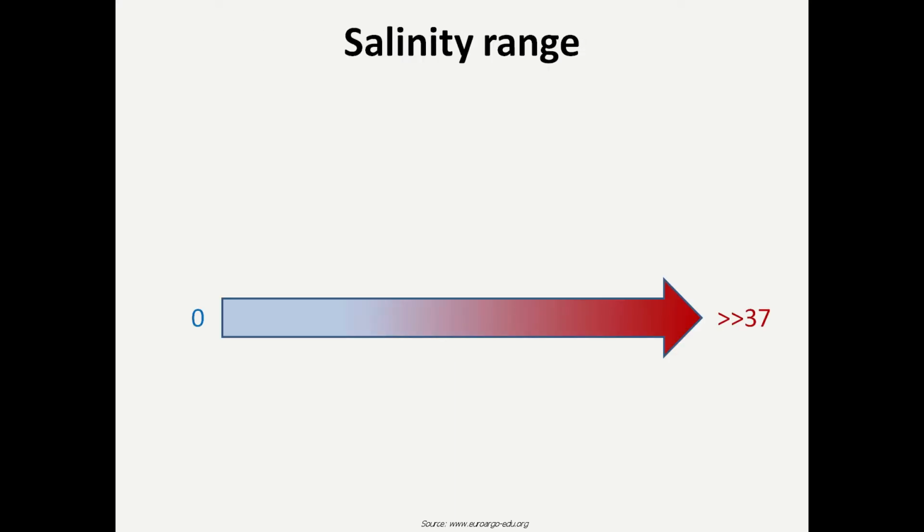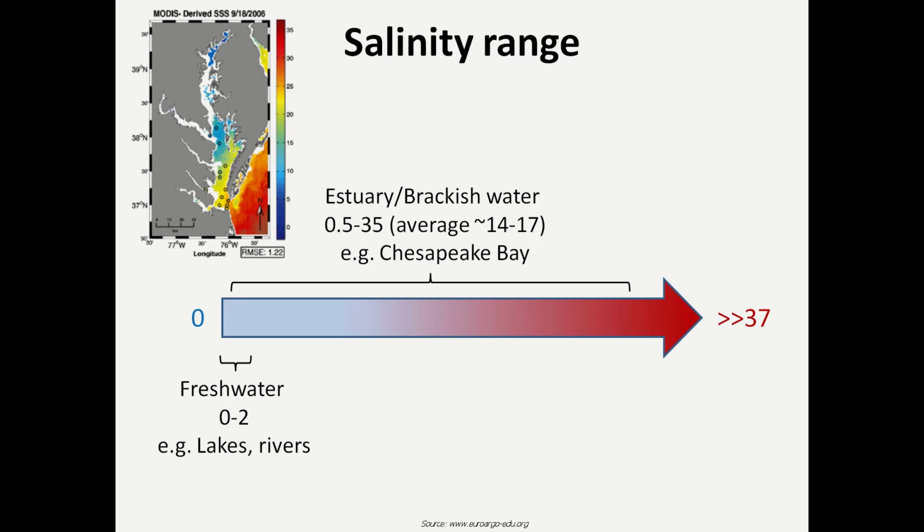There's a wide range of salinity depending on the environment surrounding a body of water. In a freshwater system, one is likely to find salinity lower than 2 parts per thousand, or grams per kilogram. An estuary system, or a brackish water system, is one in which fresh water mixes with salt water and frequently have a wide range of salinities, anywhere from 0.5 to 35 parts per thousand, with an average around 14 to 17.